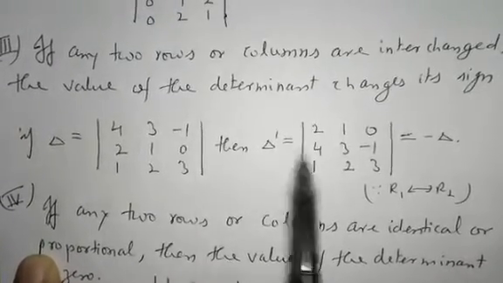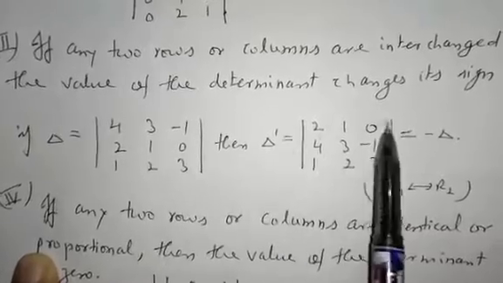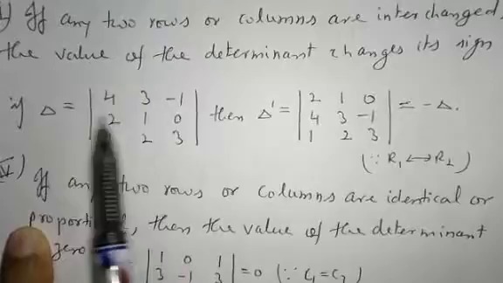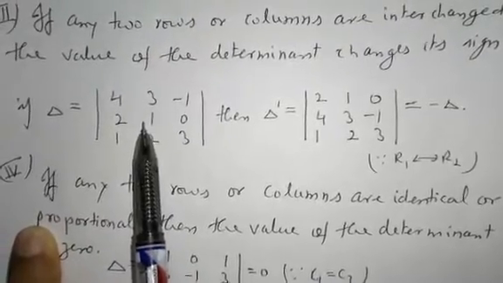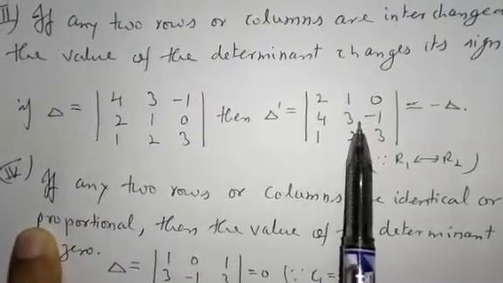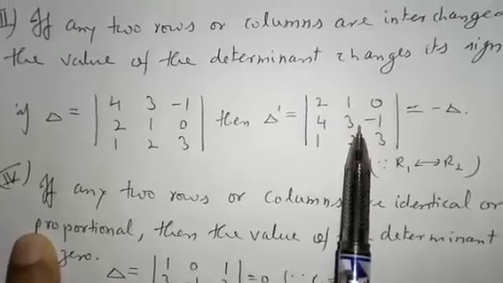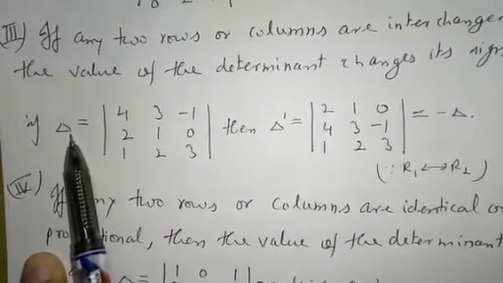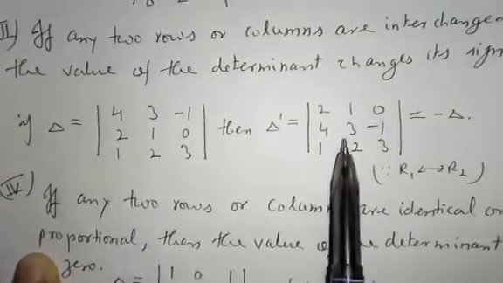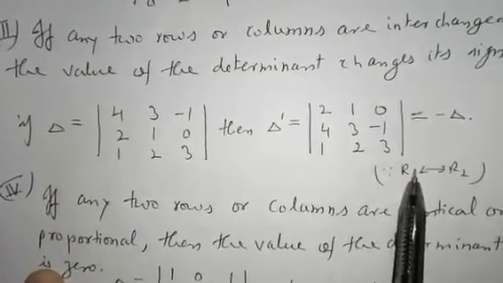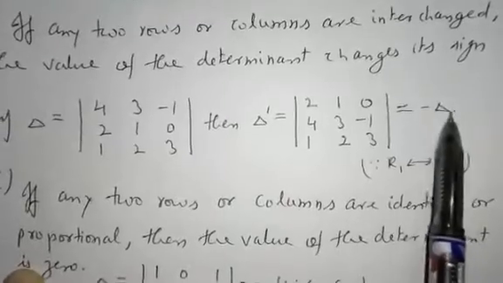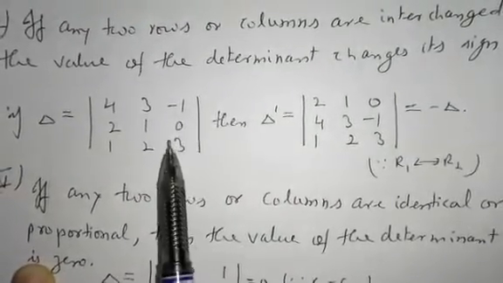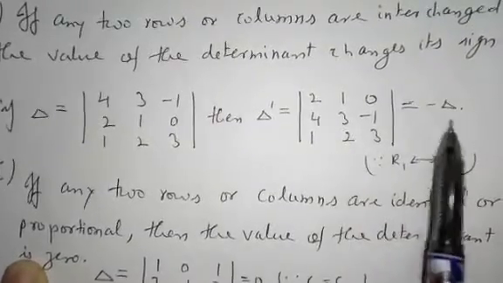Now R1 becomes R2 and R2 becomes R1. In this way, the numerical value of the determinant remains the same, only its sign changes. If this value is delta initially, after applying this operation its value will be minus delta.